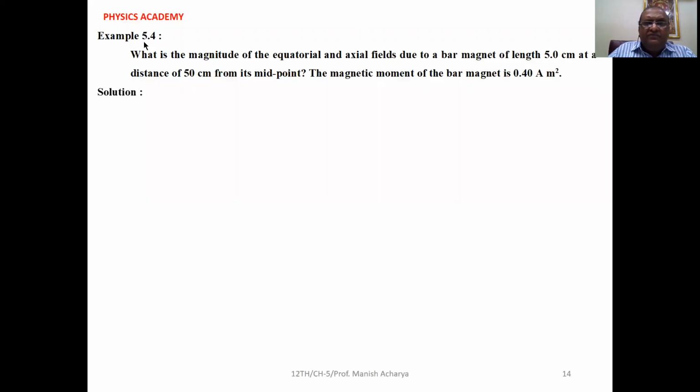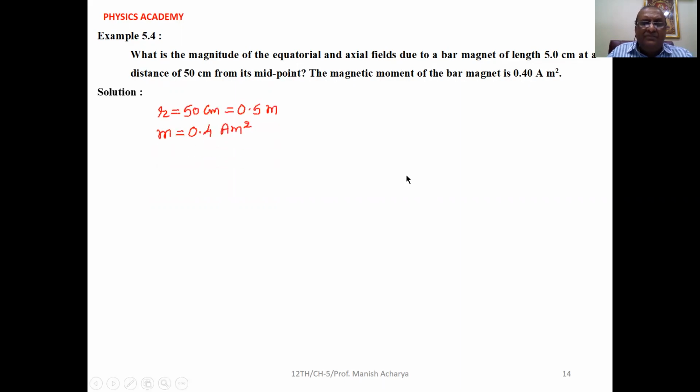Example 5.4. What is the magnitude of the equatorial and axial field due to a bar magnet of length 5 centimeter at a distance of 50 centimeter from its midpoint? The magnetic moment of the bar magnet is 0.4 ampere meter square.